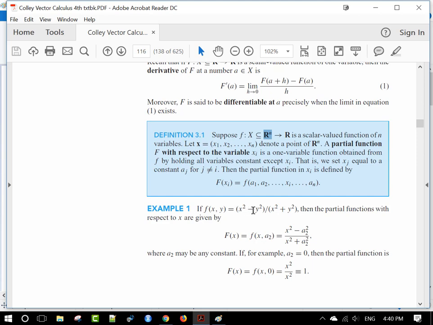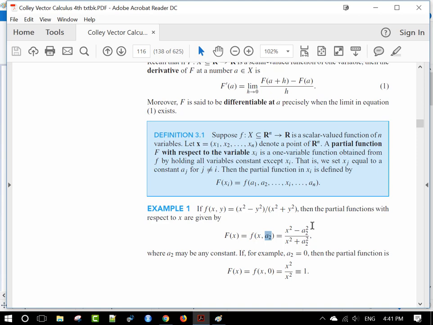So here it is. And now we're going to create a partial function with respect to just the x variable. This was a function of x and y, so that means we're going to treat y as a constant. We're going to fill it in with some constant and not think of it as a variable anymore, so the only variable that's left is x. When we fill in y with some constant, like call it a2, then this becomes a2 squared and this becomes a2 squared.